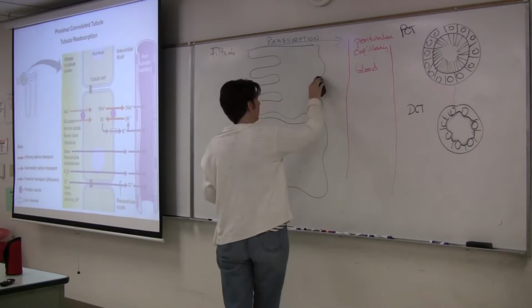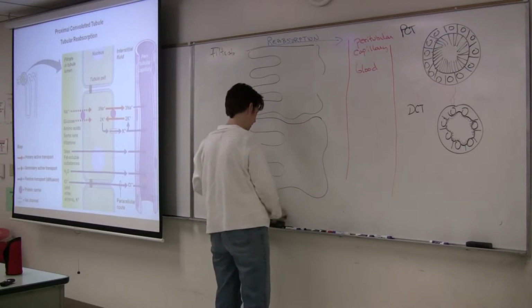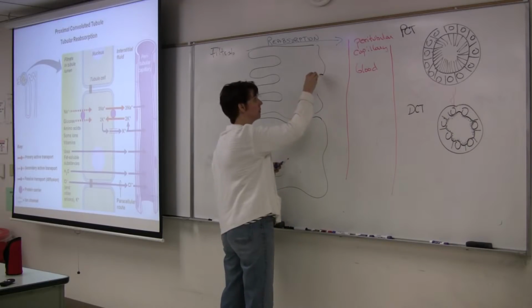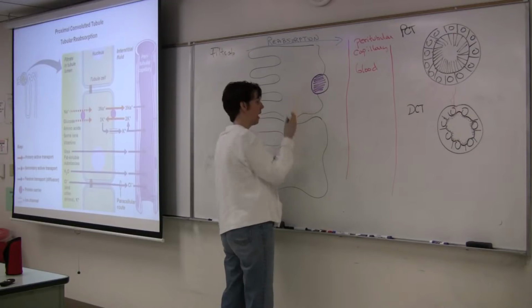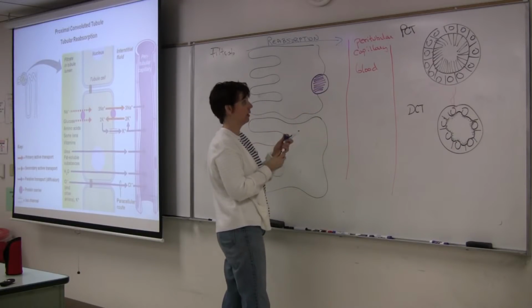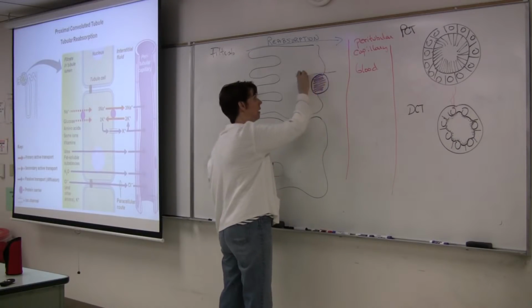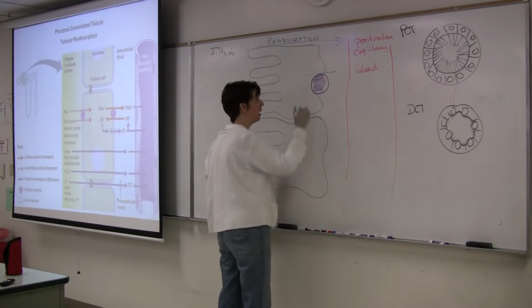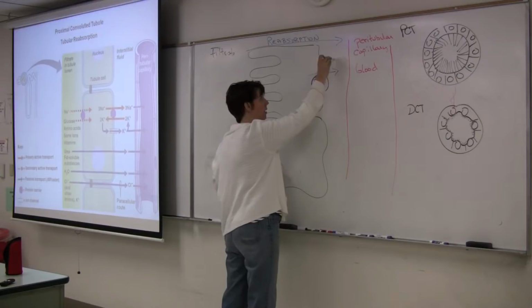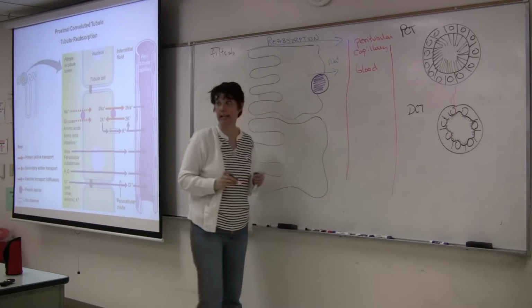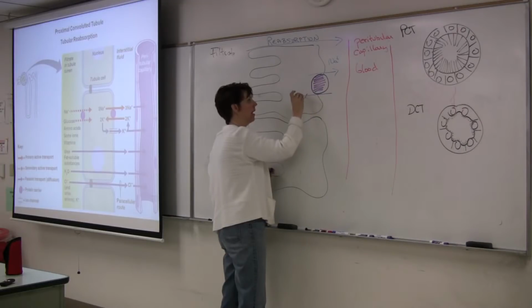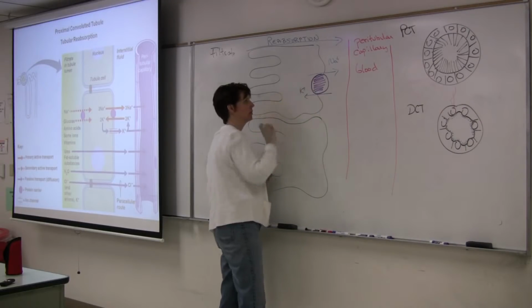So we'll draw in a protein here, which is our active transport pump. And it's going to move the other way around. It's going to move sodium ions out of the cell, and it's going to move potassium ions into the cell.